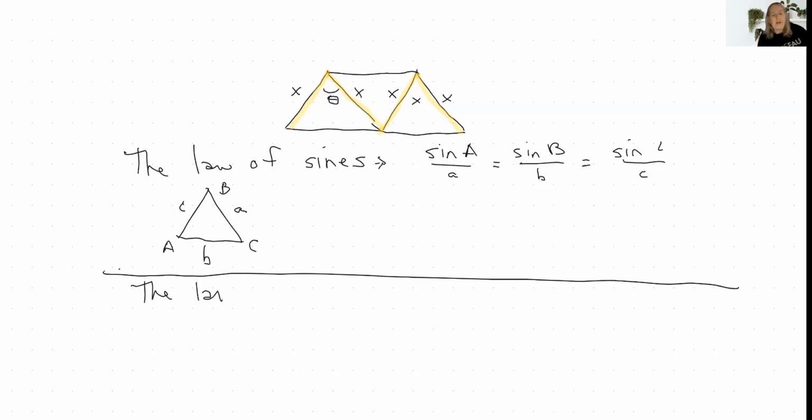The law of cosines basically looks almost like the Pythagorean theorem, except we don't have a hypotenuse. So we can just say a squared equals b squared plus c squared, and it doesn't really matter what order those are in because I don't have a hypotenuse. But this does matter. I'm going to subtract 2 times the variables on the same side.